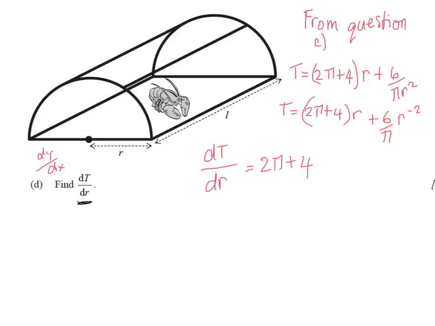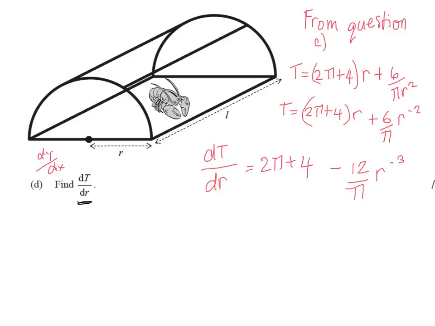And when you differentiate the expression on your right, we're multiplying our negative 2 by 6 over pi to get our new coefficient, which is minus 12 over pi r, and then we're subtracting 1 from our exponent to get negative 3.